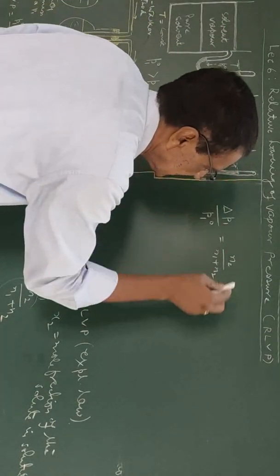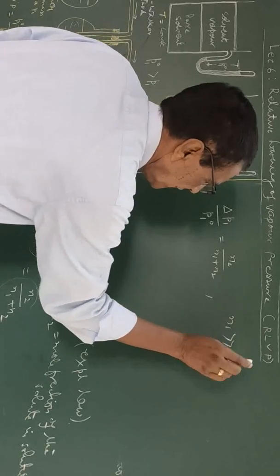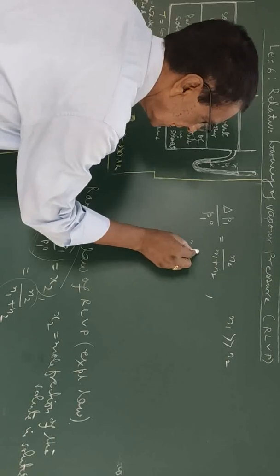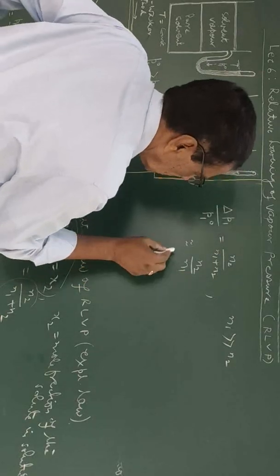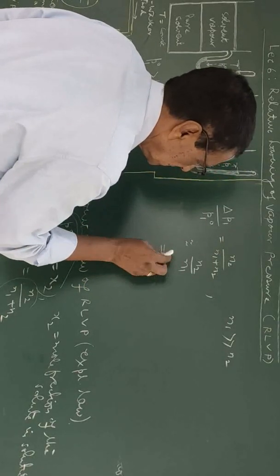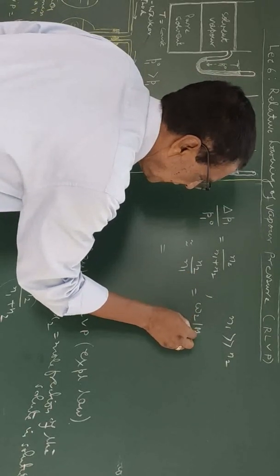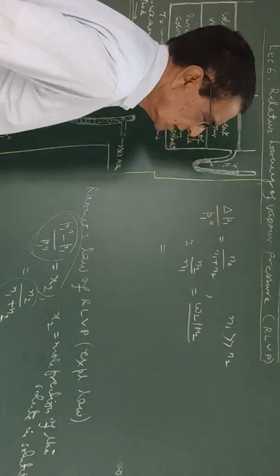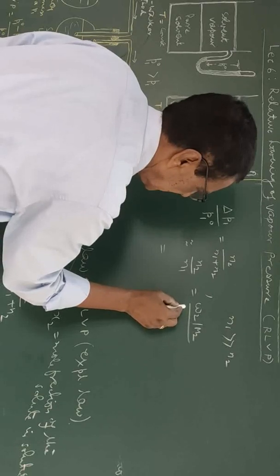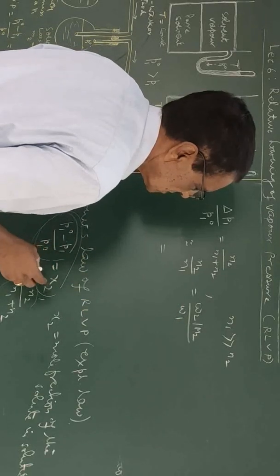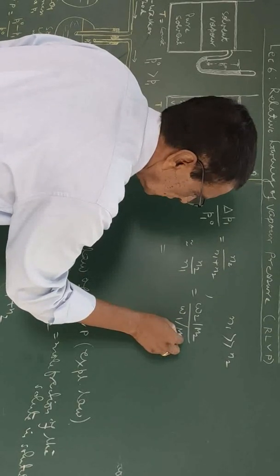Since the solution is very dilute, N1 is much greater than N2. So we can write N2 divided by N1, or we can write W2 divided by M2, the weight of the solute in grams divided by the molar mass of the solute, and here W1, the mass of the solvent, divided by the molar mass of the solvent.